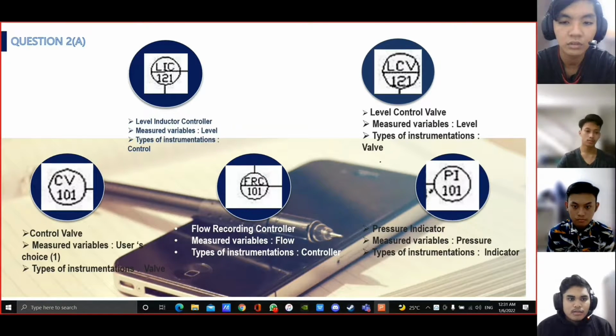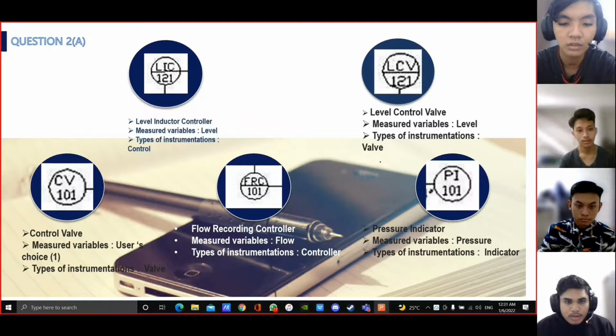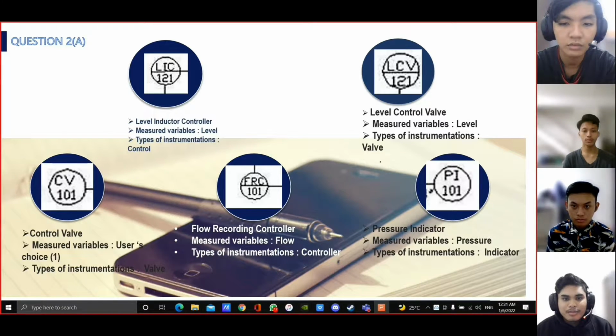For the first loop, CV101 is for control valve, measured variable flow, type of instrumentation is valve. Next, FRC 101 is flow recording controller, measured variable flow, type of instrumentation is controller. PI 101 is pressure indicator, measured variable pressure, type of instrumentation is indicator.